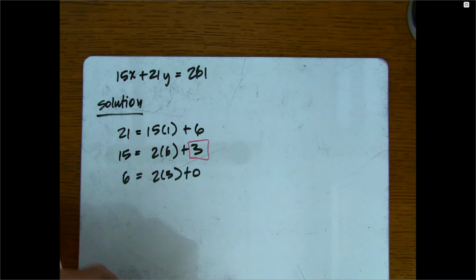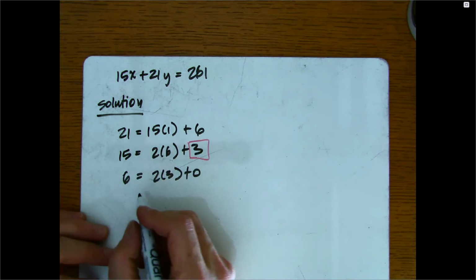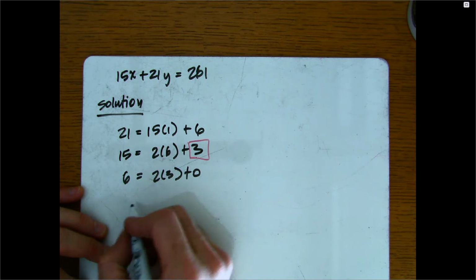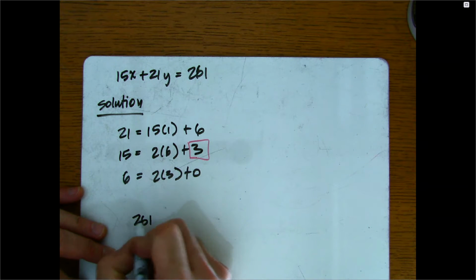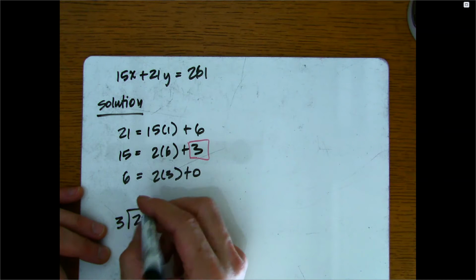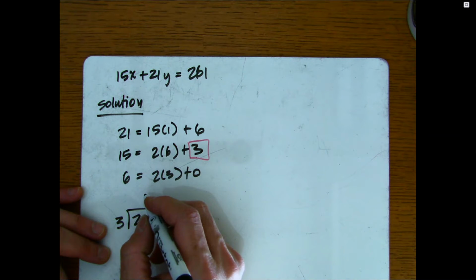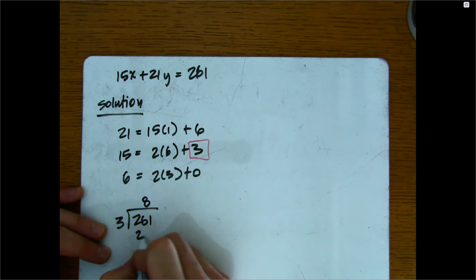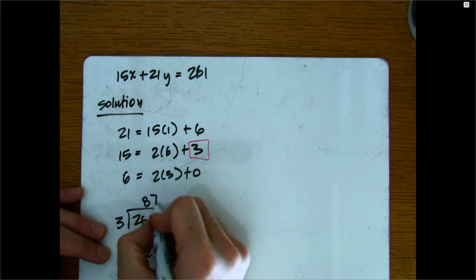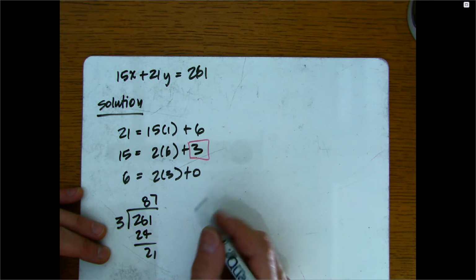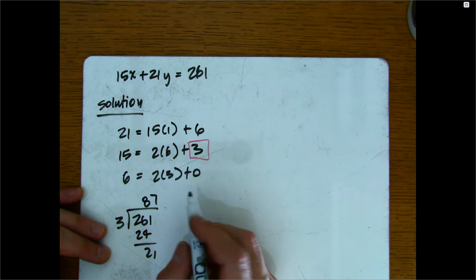Okay. And so does 3 divide 261? So let's try it. 261 divided by 3. Let's see, 3 times 7, 3 times 8, 3 times 9, no, 3 times 8, so 8 would be 24, at least 21, that's 7. So that means indeed a solution exists, because indeed 3 divides 261.